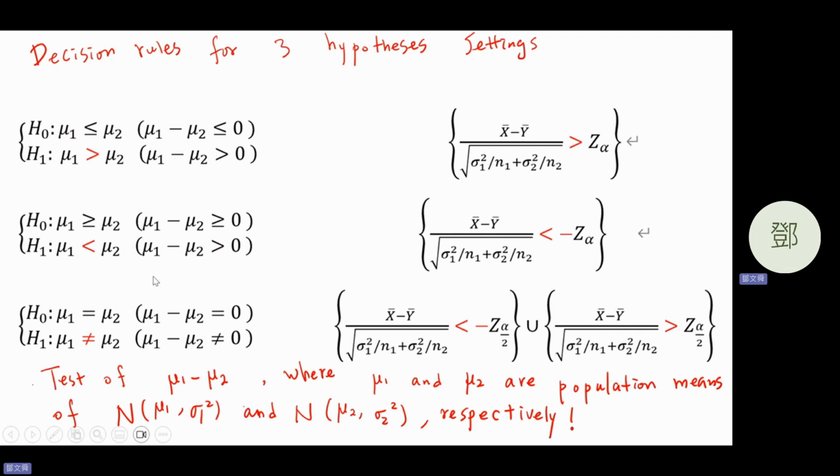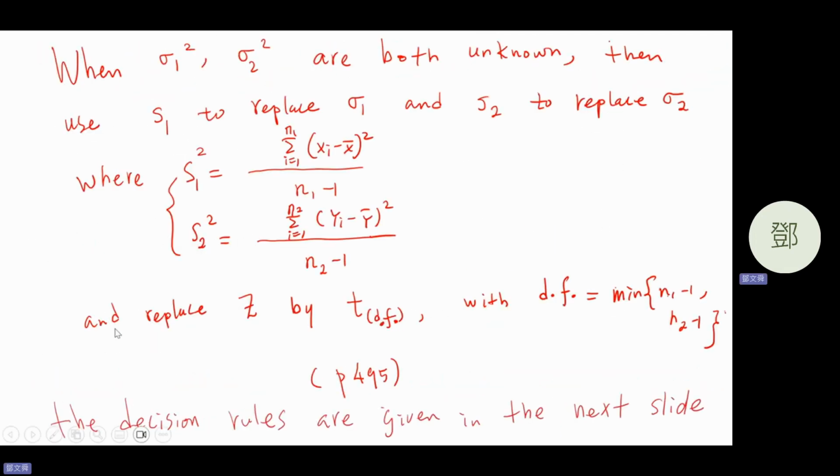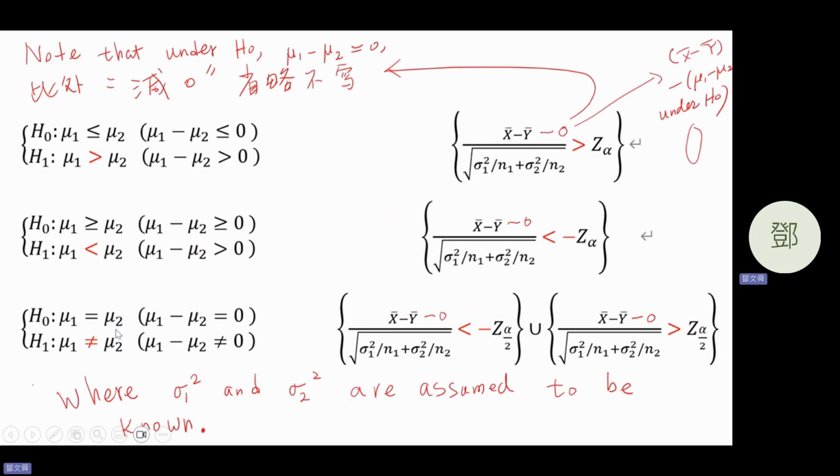And I have to wipe off the Chinese letters. Here minus 0 is always here. Okay. I have to wipe off.